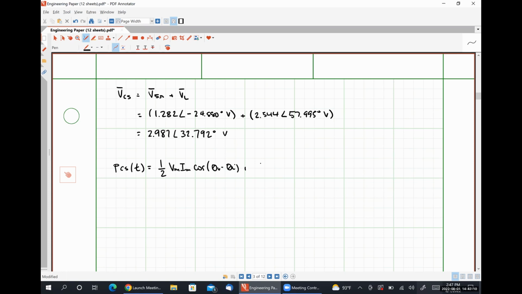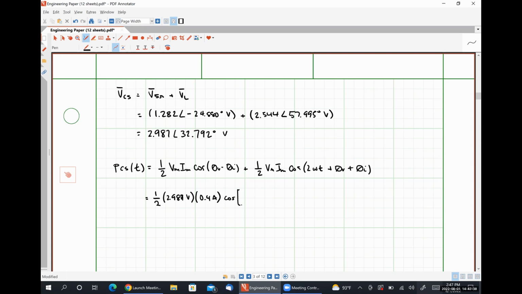theta I plus 1/2 Vm Im cosine twice omega t plus theta V plus theta I. And so if I put in my numbers, Vm in this case is 2.987 volts. Im is 0.4 amps from our problem statement.